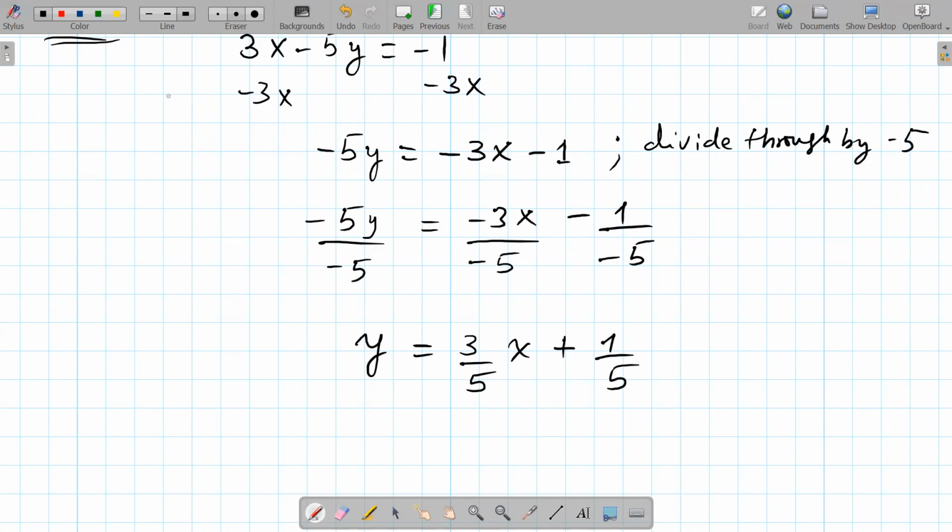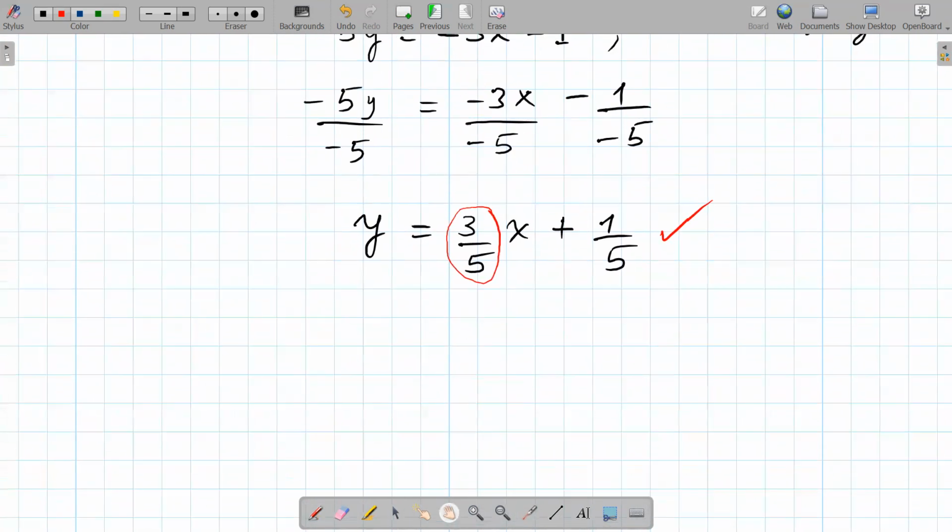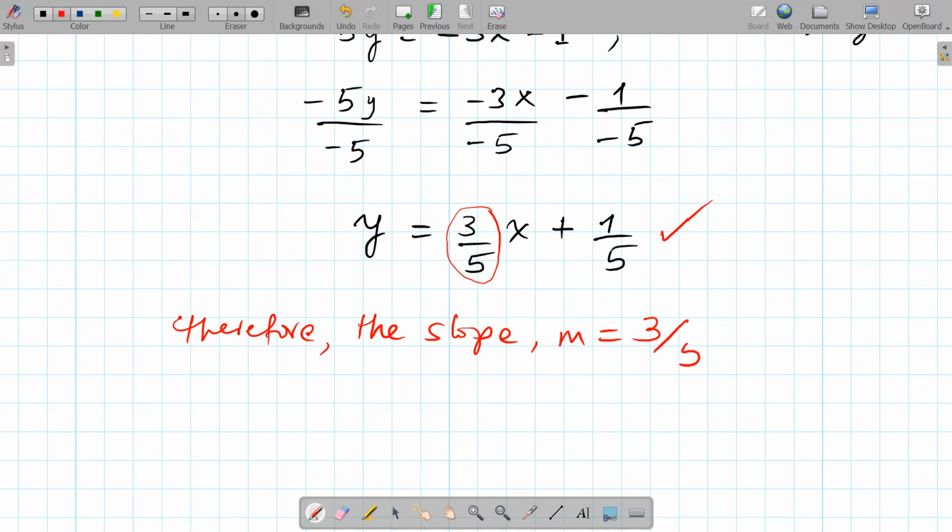So once I get here, I have to understand that the value in front of the x now becomes my slope. Therefore, the slope m is 3 over 5.